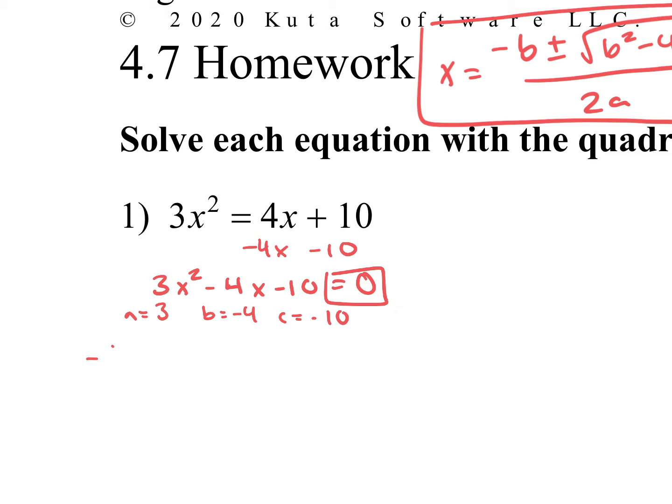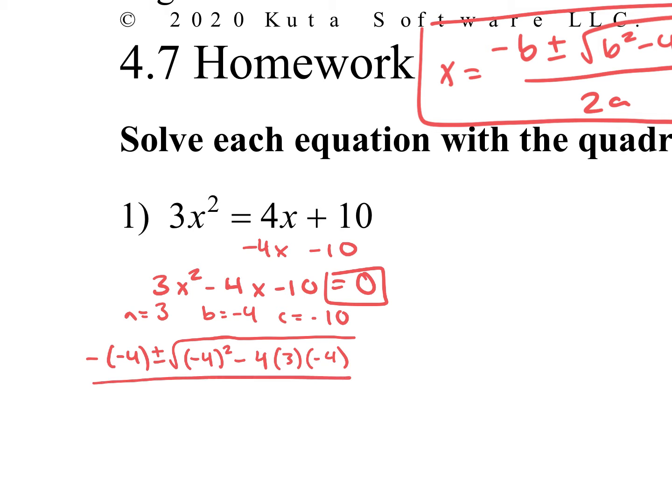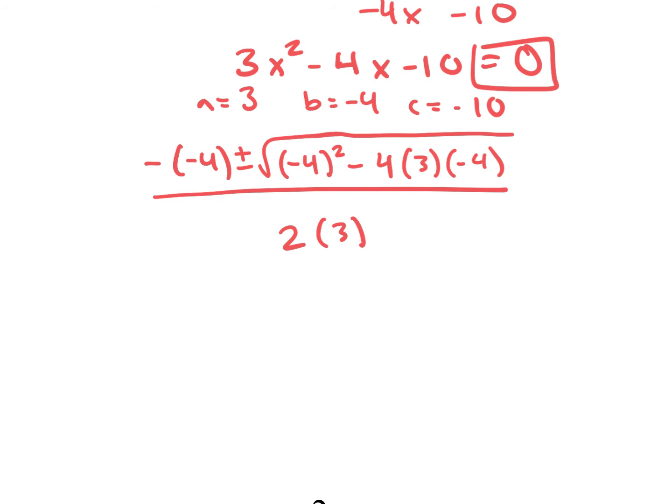So I have negative 4 plus or minus the square root of negative 4 squared minus 4 times 3 times negative 4, over 2 times 3. What should I do next? I'm just going to simplify and go from left to right. So negative 4 becomes a positive 4. What's negative 4 squared?